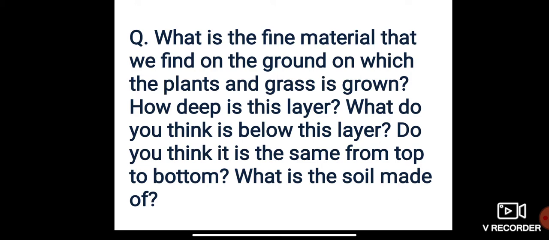This layer is not the same from top to bottom, and it consists of many layers. In our class for today we will learn what makes the soil.